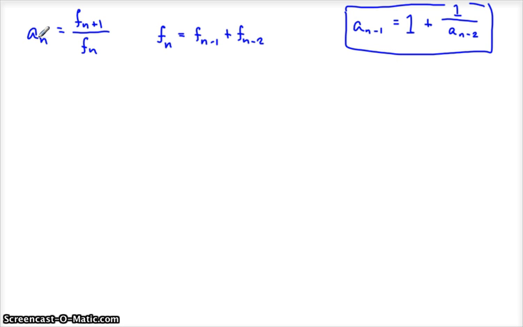So we know that a sub n, if we look at our sub letters, this n is the same as what we'll see in the denominator, and that in the numerator it will be one up from that. So it will be the next or consecutive number. So if this was a 5, this should be a 5, and this would be a 6. So if we notice, we see an n minus 1 in there.